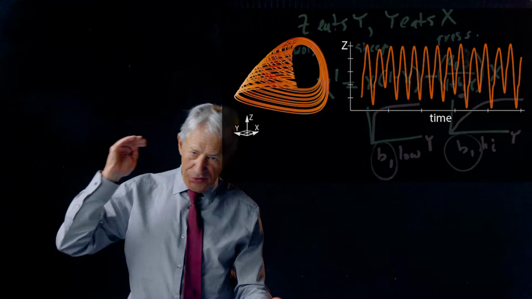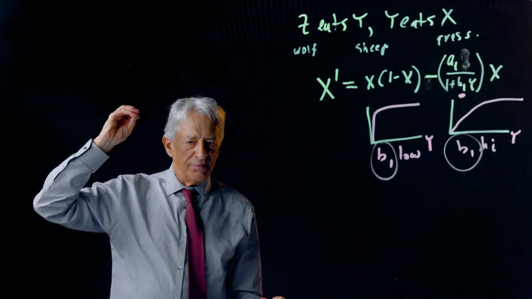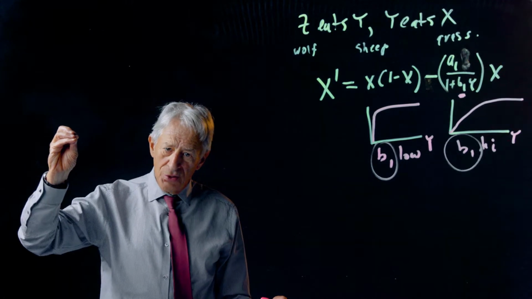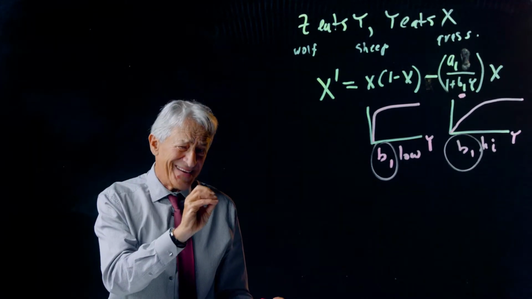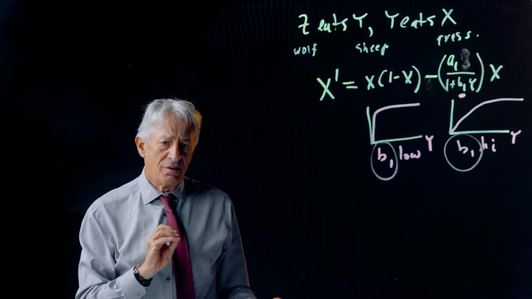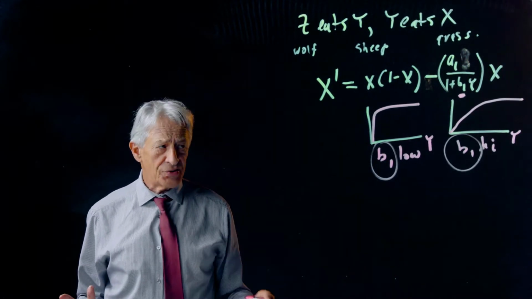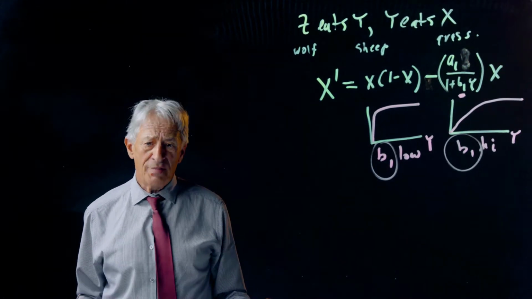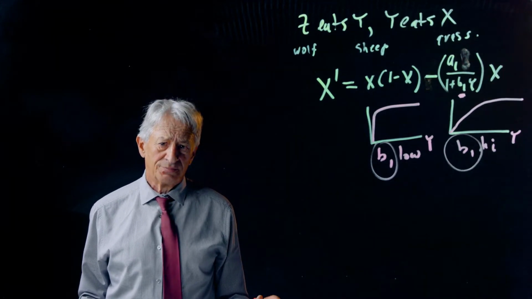It goes through the same sequence of intermediate steps of equilibrium to oscillation, to complex oscillation, to chaos. And that is a frequently observed route to chaos in many systems, both mathematical and natural.